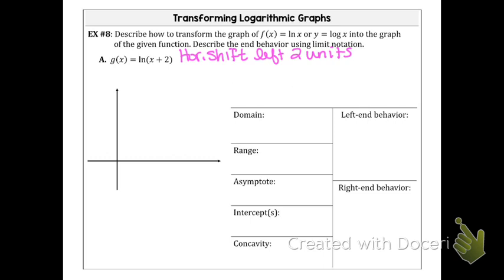All right, so remember your parent log function had a vertical asymptote at x equals 0. If I'm going to the left 2 units, then my new graph here is going to have a vertical asymptote at x equals negative 2. Now my original one had an x-intercept at (1, 0), but I'm going left 2 units, so now I'm going to have an x-intercept at (negative 1, 0).